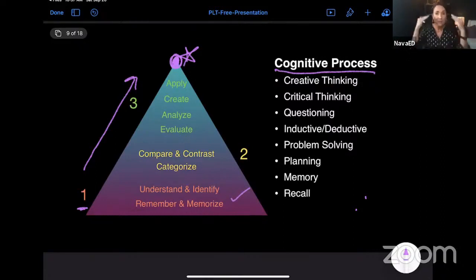Level 2, a little bit higher level cognitive thinking, is going to be compare and contrast, categorize. You kind of have to use 2 processes of your brain in order to do this. And then finally, the top level, the critical thinking part, is going to be apply, create, analyze, evaluate. Also, questioning. Generating your own questions will certainly help you become a critical thinker. So that's really, really important.